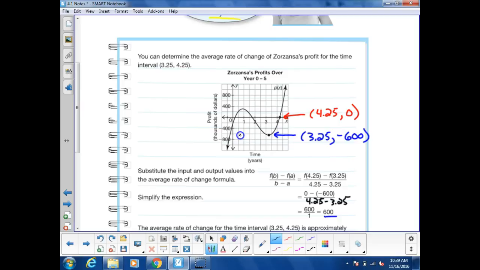How do I know that on that particular interval? How do I know when a function is increasing?